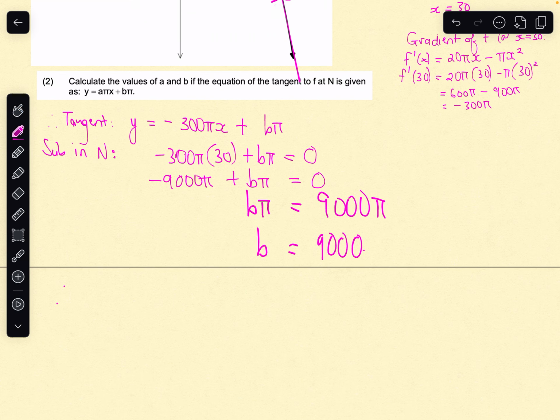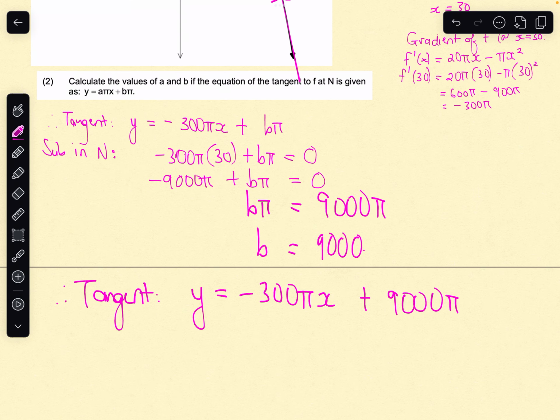So we now know that the equation of the tangent is given by y is equal to minus 300 pi x plus 9,000 pi. This is now in the form that was required of us, a pi x plus b pi. So that means that a is negative 300 and b is 9,000.